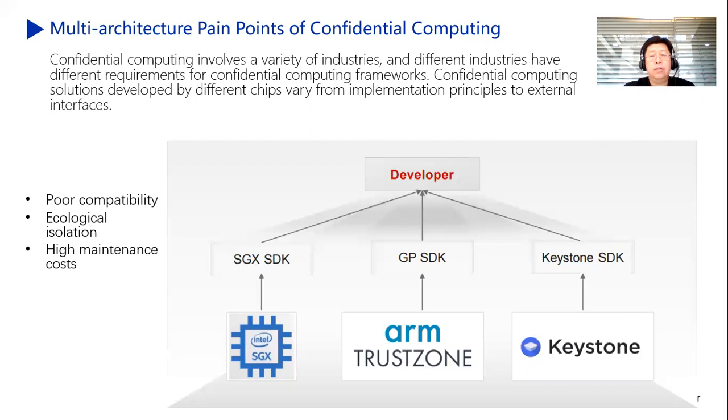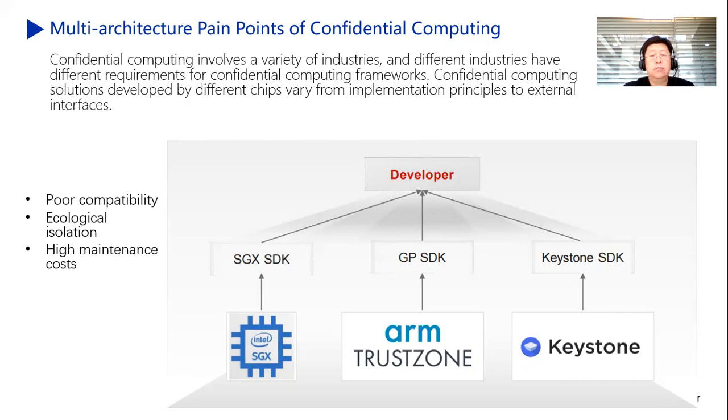If a developer writes a confidential computing application in one SDK, it can't run on another SDK. They are ecologically isolated, and if the developer wants to port their applications from one SDK to another, the effort is quite high.